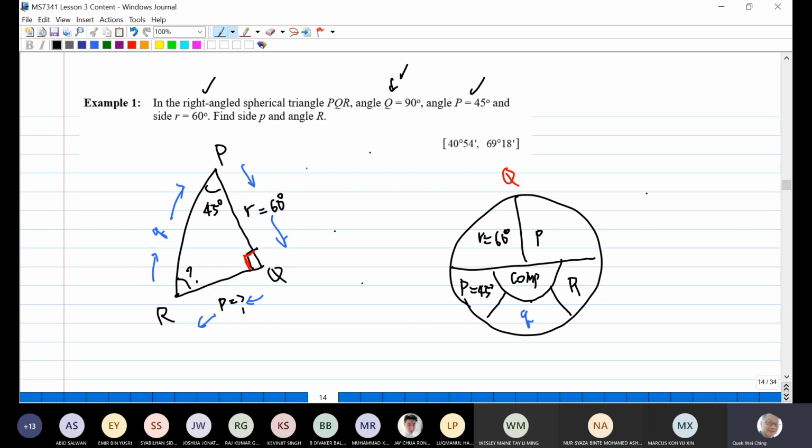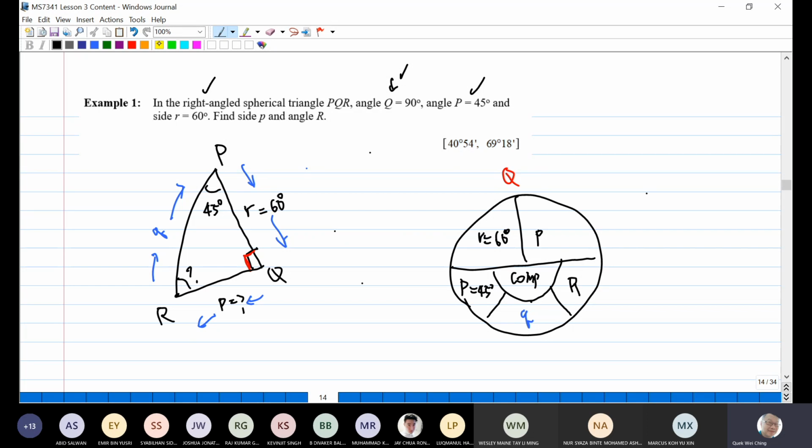So what do we want to find? One of them is angle R, and the other is side p. Look at what you can find here. Obviously, let's find angle R first. Why angle R?